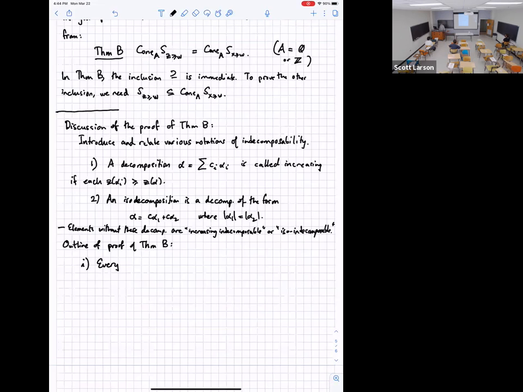So the first step of the proof is that every element of S, Z bigger than or equal to W, can be written as an increasing decomposition, in the sense I just said, of increasing indecomposable elements.